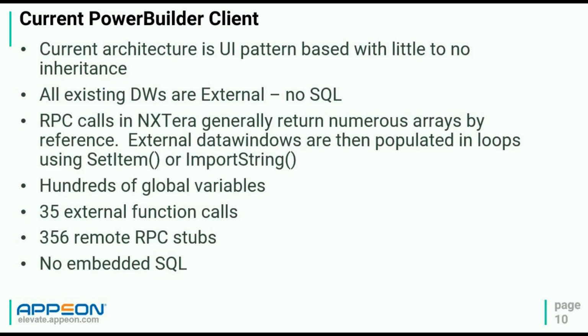So there's a fair amount of things that we need to look at as we continue on in the migration effort. But a big key in the client is there's no embedded SQL. All of that happens in the business logic in the middle tier. And in fact, we've tried to keep that as a standard in the API as well.